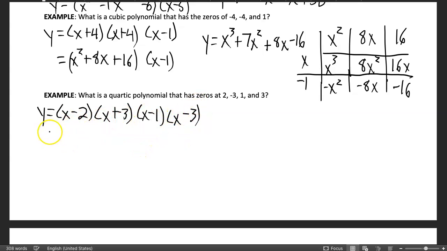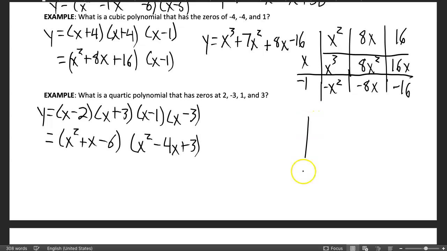So let's go ahead and FOIL these pairs. For these first two terms, we'll get x squared plus 3x minus 2x, so plus x minus 6. And these other two terms will have x squared minus 3x minus 1x, so minus 4x plus 3.